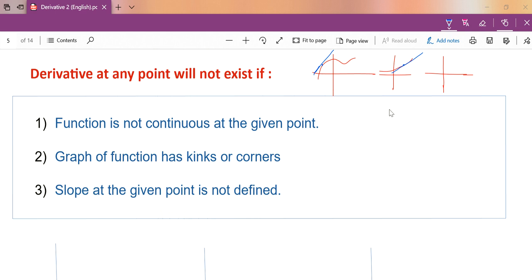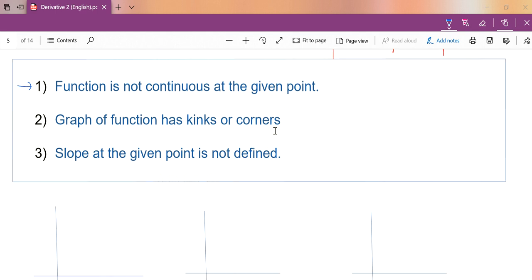So when will my function not be derivable? Number one, if my function is not continuous at the given point, of course. Continuity is the prerequisite to derivability. If my function is not continuous, it is not derivable. Why?